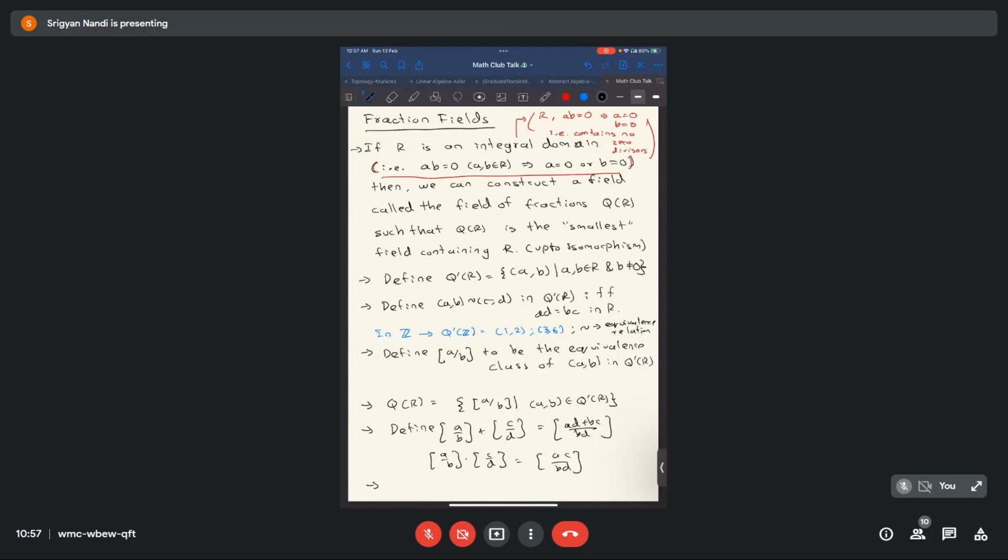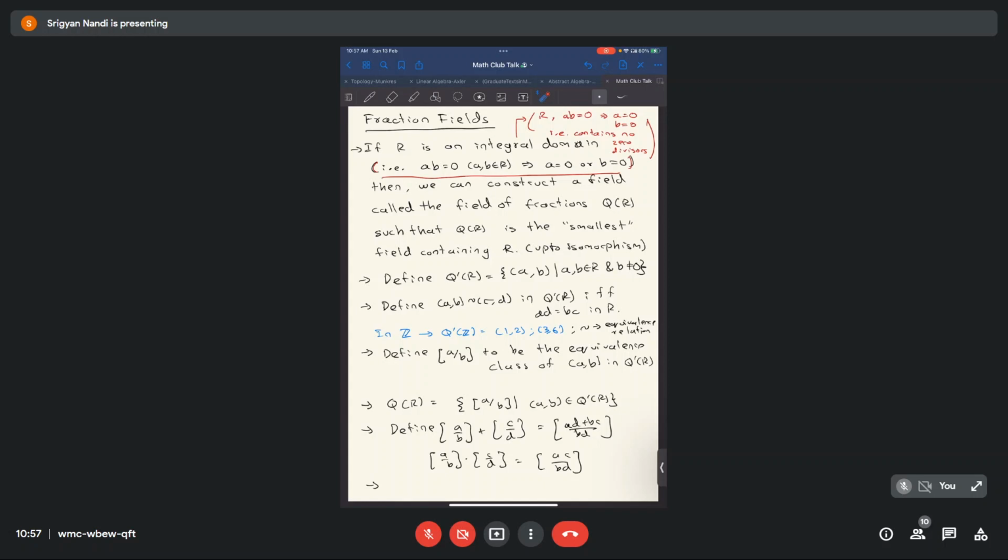Why, you might think, did we require that R is an integral domain? So far, what we did we could have done with any ring R. But the problem lies exactly in this definition of addition and multiplication. When we take two non-zero denominators, B and D, we must be assured that in the sum and the product, the denominators will again remain non-zero.